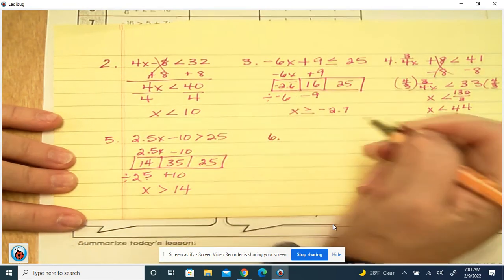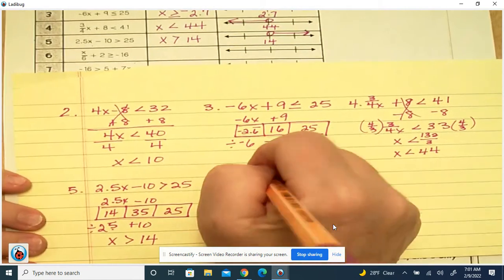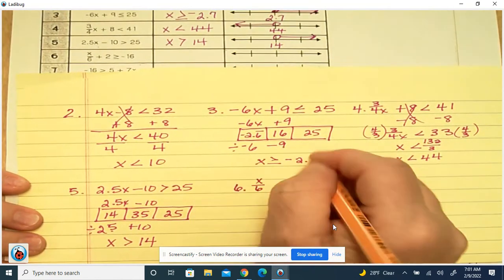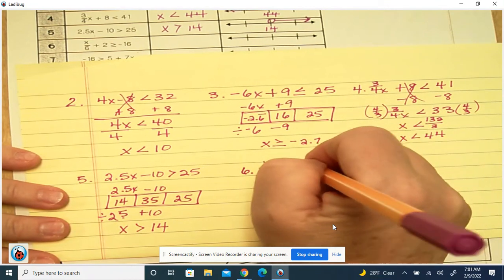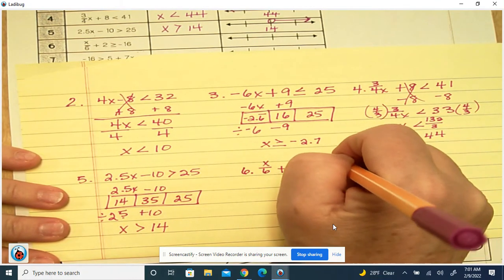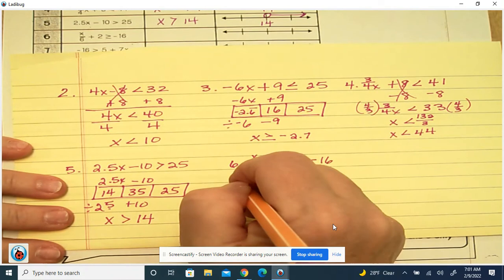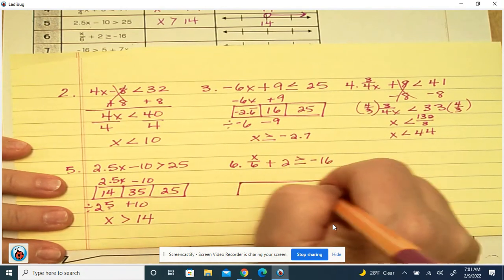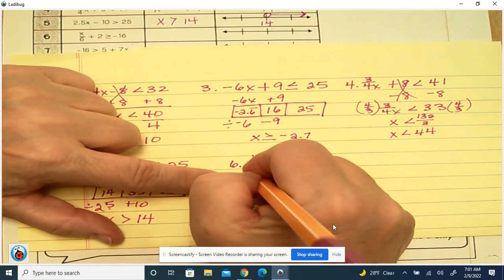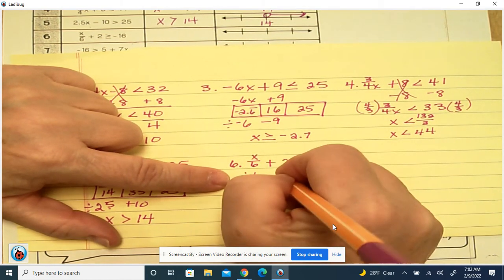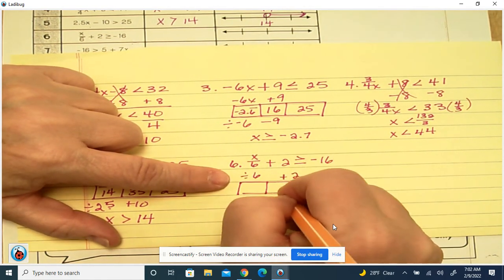And then 6, we got x over 6 plus 2 is greater than or equal to a negative 16. I'll do one more this way. That's divided by 6 here. So we're going to multiply by 6 plus 2 minus 2.